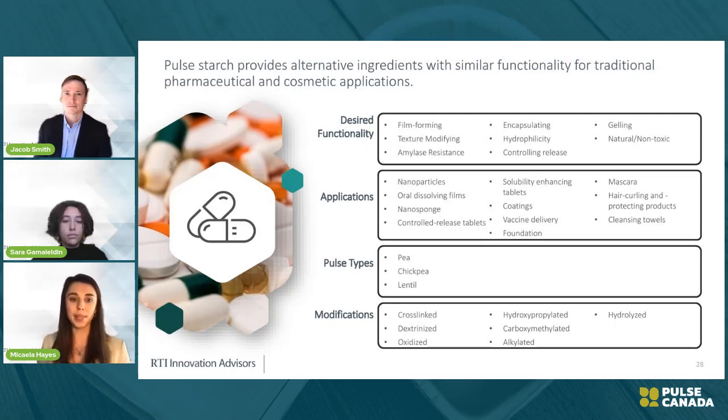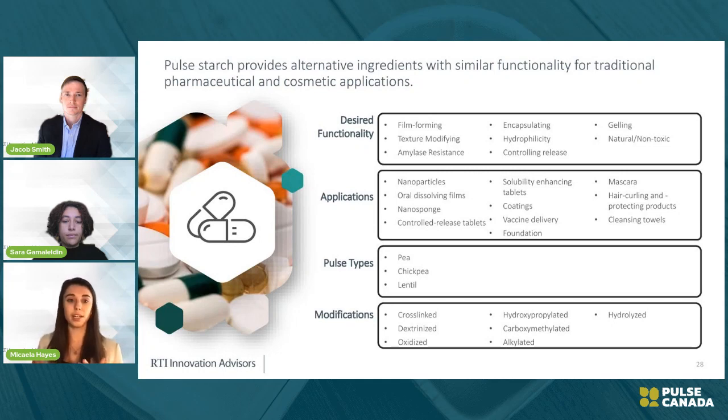As you look to some of the applications that we came across relevant to pharmaceuticals, you'll see controlled release tablets, solubility enhancing tablets, some more unique applications including nanoparticles and nanosponges, as well as vaccine deliveries, oral vaccine deliveries specifically. So various end use applications based on these functional benefits and the uniqueness of pulse starch.